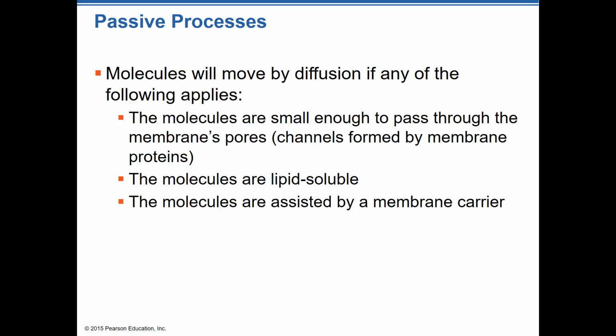So it all depends on whether that molecule is small enough to pass through the pores of the membrane, or if the molecules are lipid soluble. If they're lipid soluble, I believe they'll pass. I'm getting mixed up here. Or if the molecules are assisted by a membrane carrier.